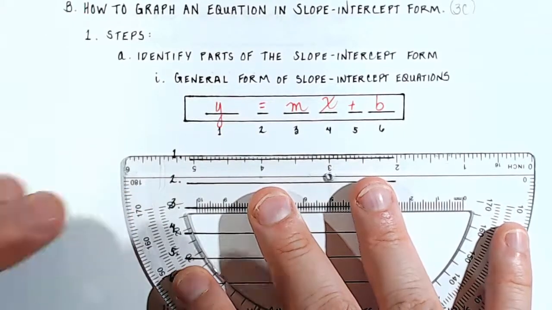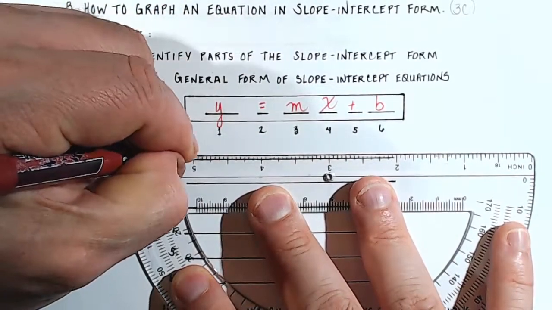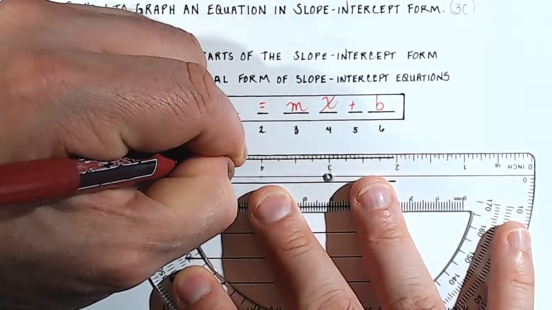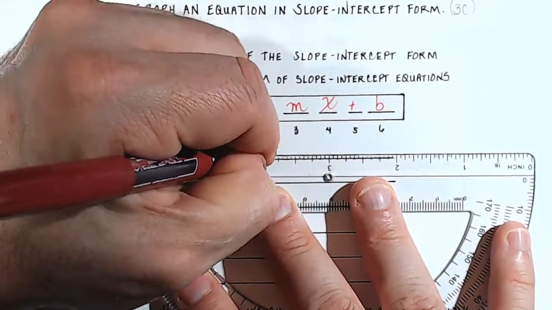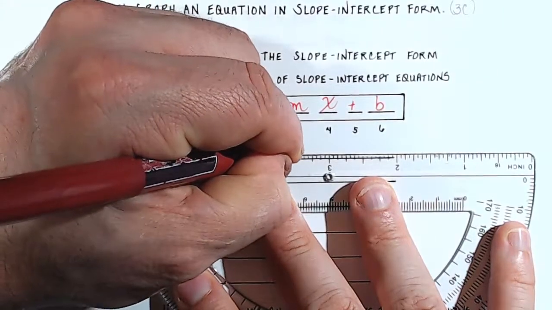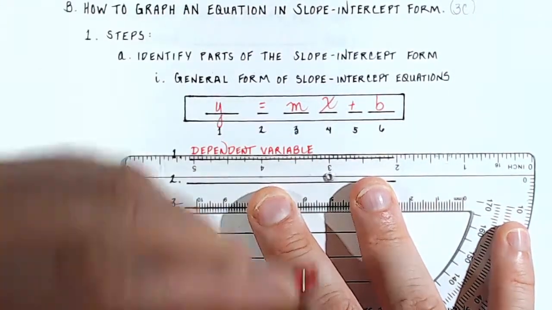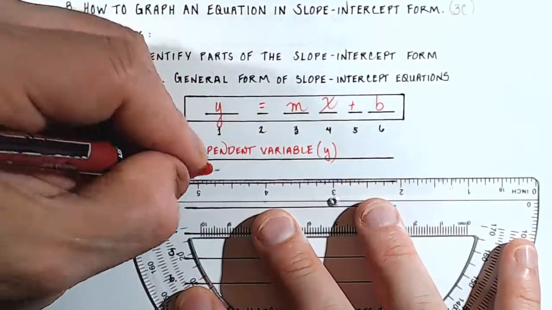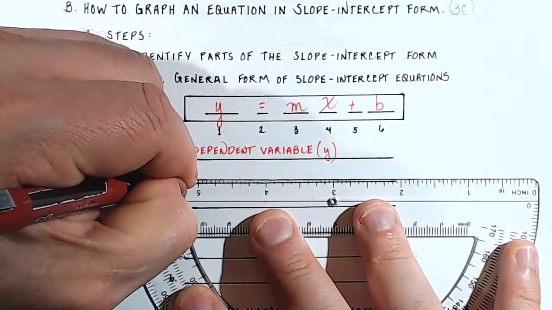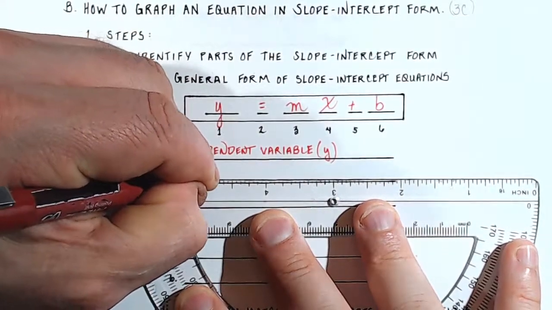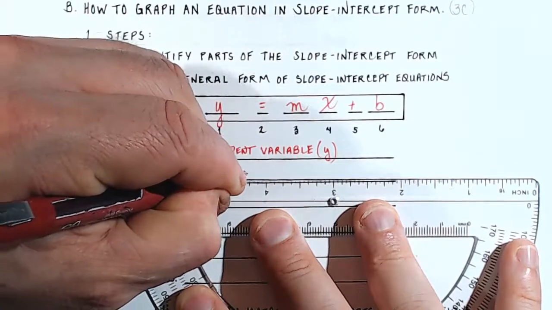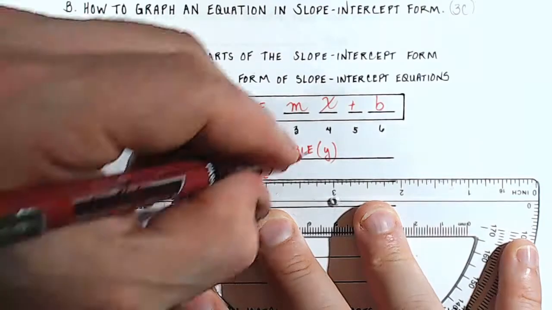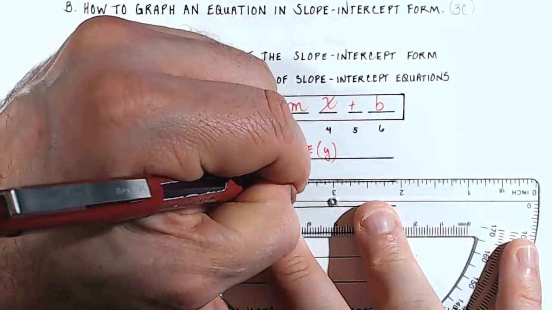So what else do we call y? Well, we call it the dependent variable. And that's y. The equal sign is the equivalence symbol.